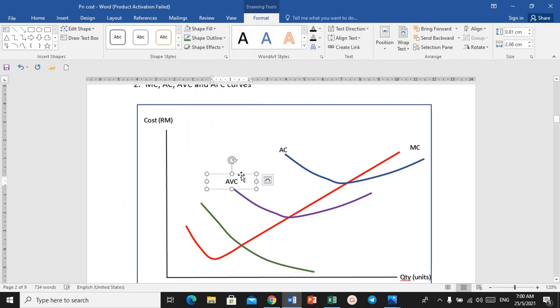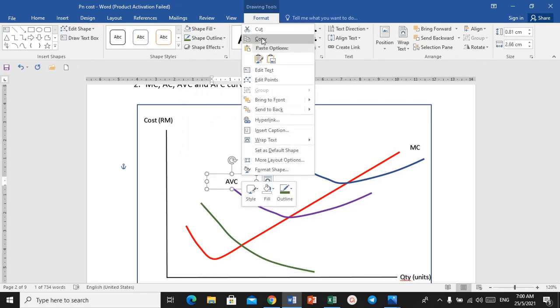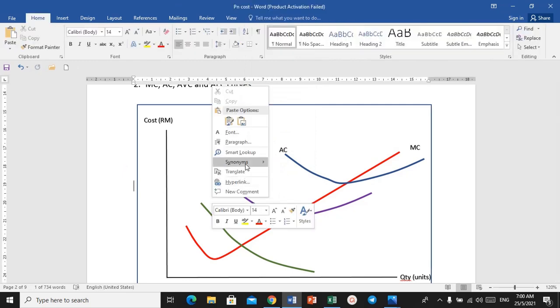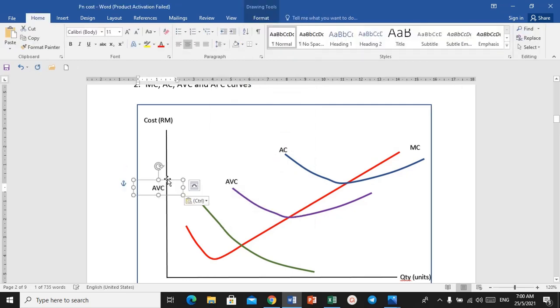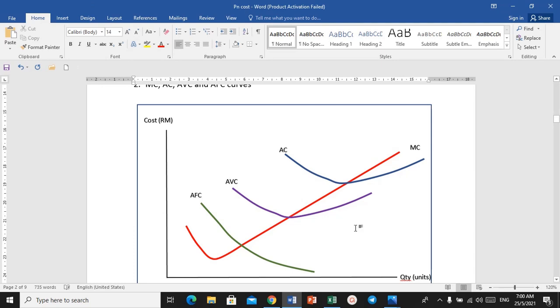And label them. So this is average fixed cost. That's it. These are the three curves that we can draw in the second graph.